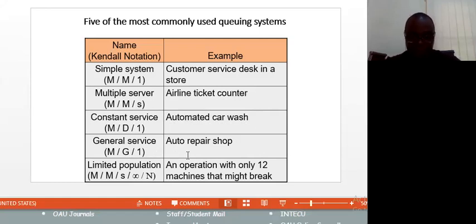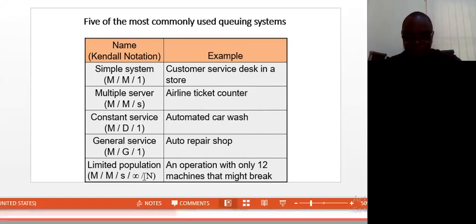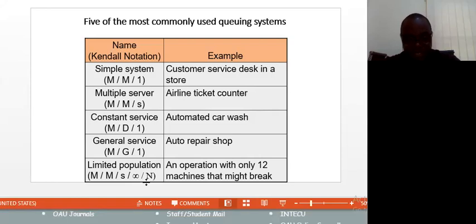And lastly, we have the model with limited population. Like we said earlier, instead of having nothing here, N represents the capacity of the calling population. There is a restriction here, such as the case of the textile company we mentioned that contains 30 machines. So this has a limited population.